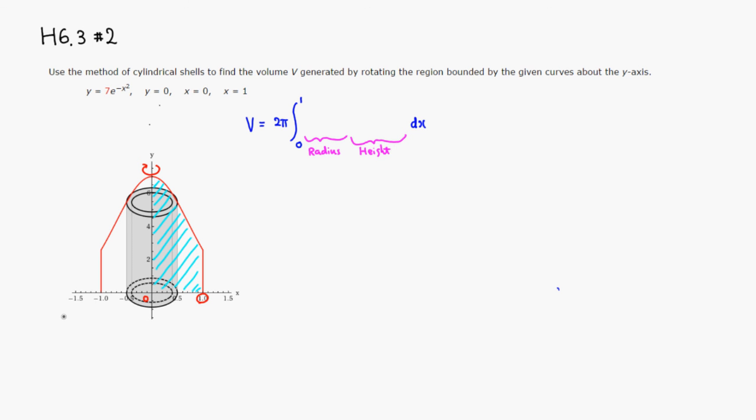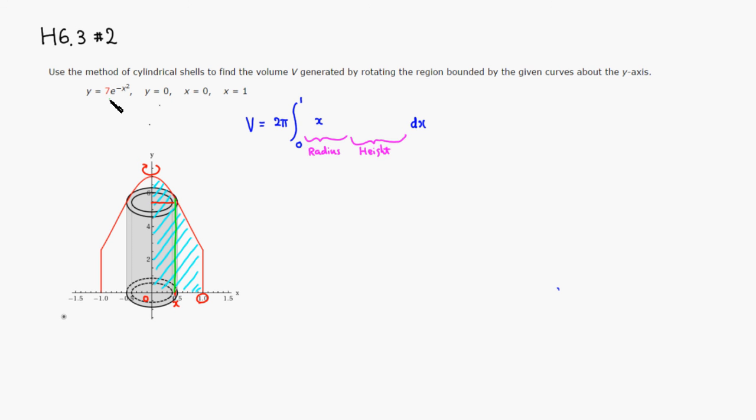Take a random x, probably right here. The radius is the distance from the y-axis to x, so the radius is simply x. Then the height is determined by the function.